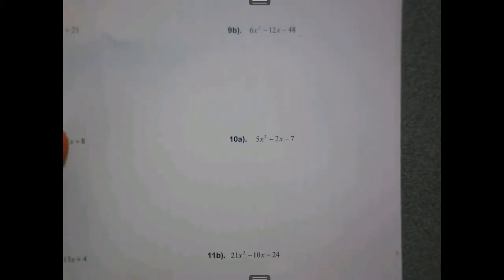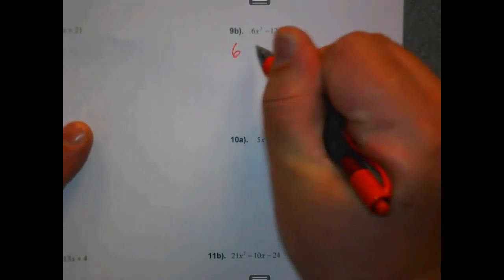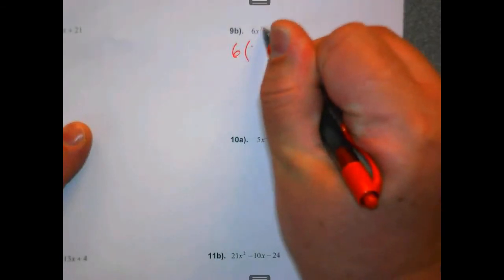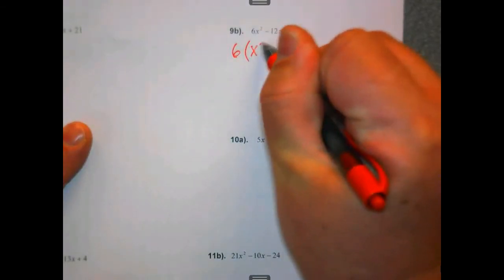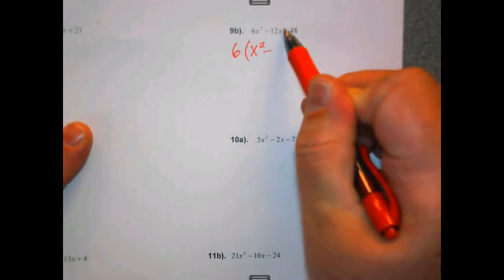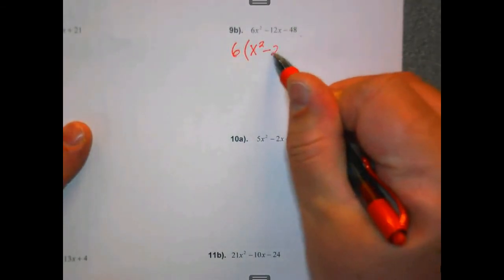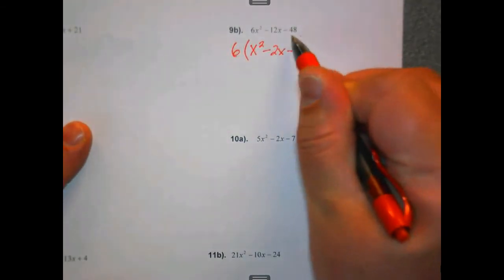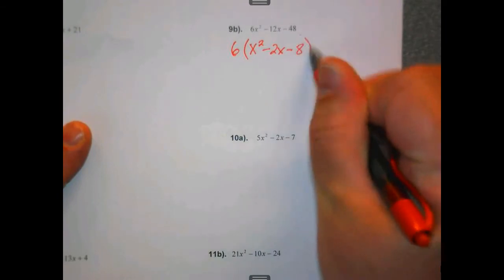I disagree with you. 6, right? So 6x squared divided by 6, I have x squared. Negative 12x divided by 6 is 2x. 48 divided by 6 is 8.